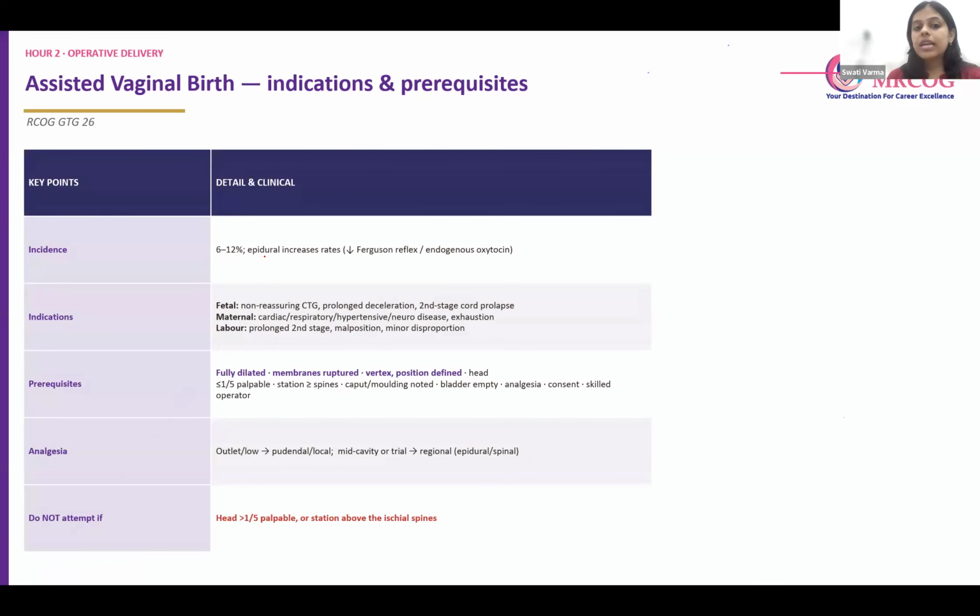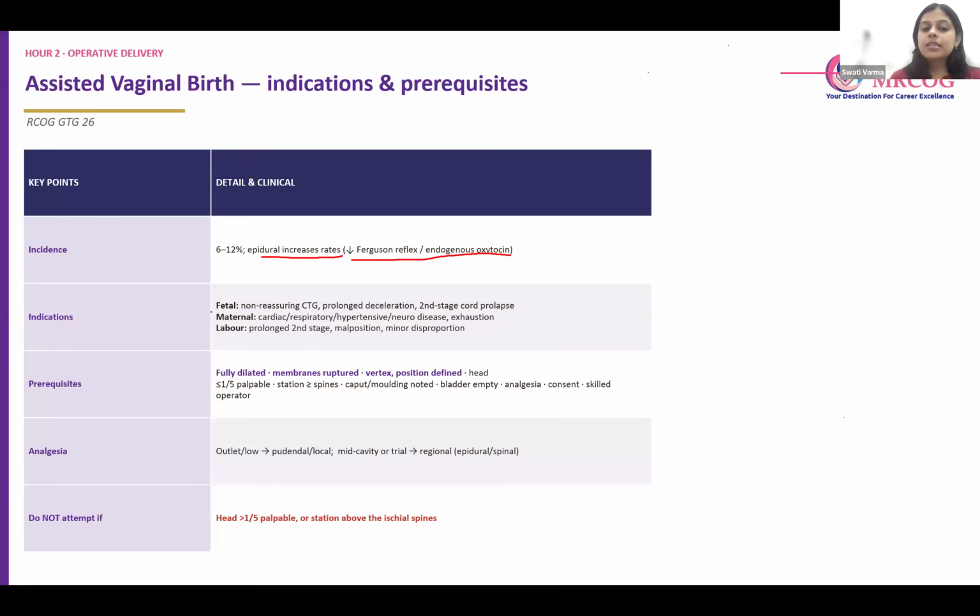It has been found that epidural increases the rate. Why? Through decreased Ferguson reflex and endogenous oxytocin. When epidural is given, this reflex decreases, endogenous oxytocin release decreases, hence the rate of spontaneous birth decreases, and usually assisted vaginal birth is required.